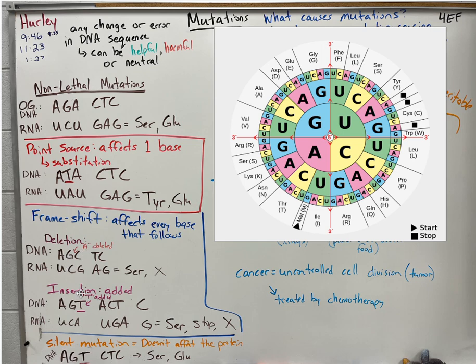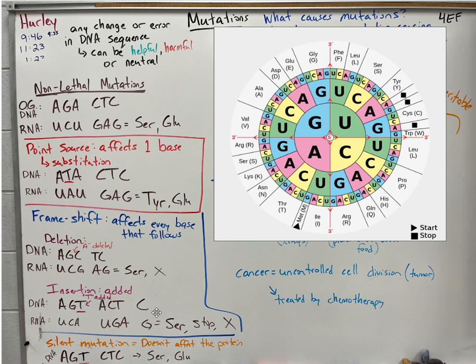So that's deletion. You delete one. If you insert one, here we inserted T right here instead of AGA. Now it's AGT, and then it picks up ACT. Everything after that, this insertion is off one.